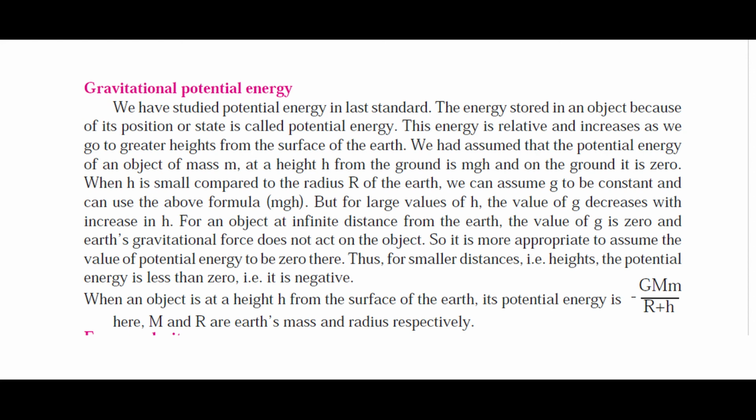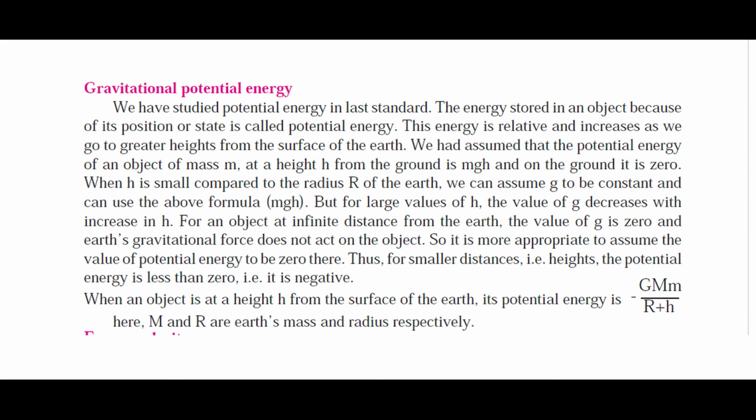For an object at infinite distance from the Earth, the value of g will obviously be 0, and Earth's gravitational force will not act on that object. So it's more appropriate to assume the value of potential energy to be 0 there, at infinite height from the Earth.